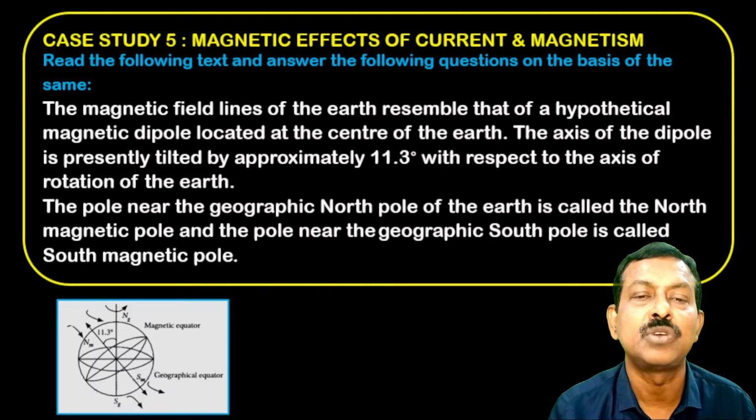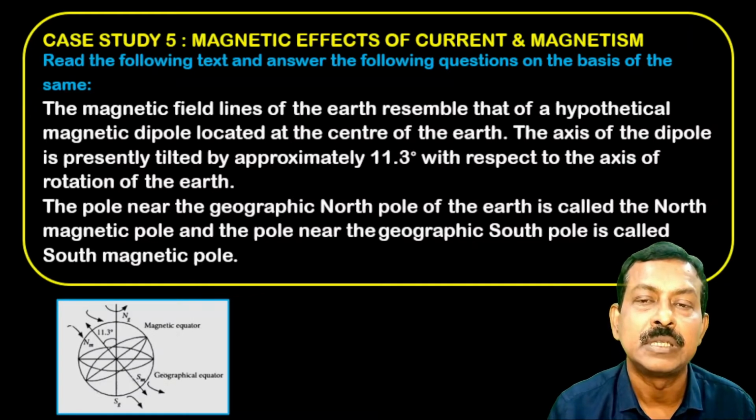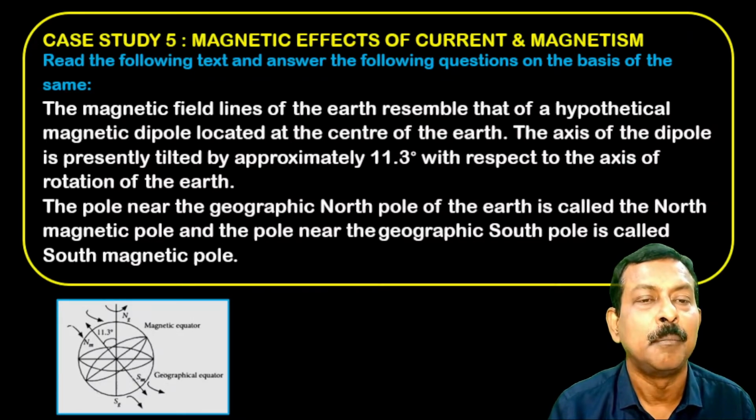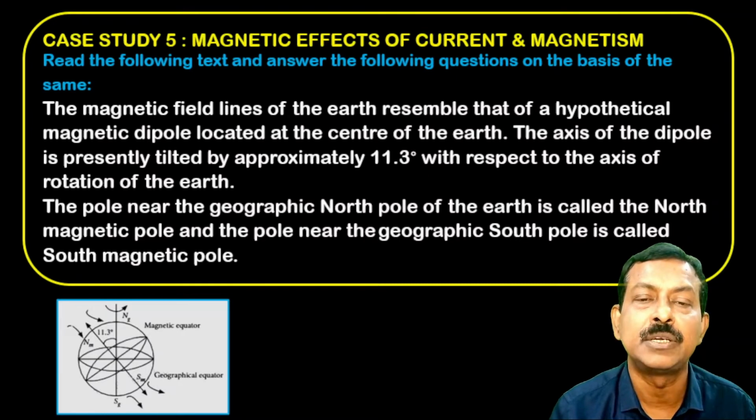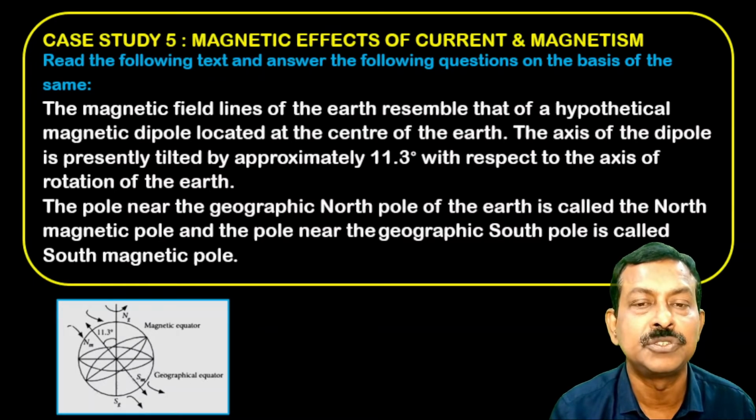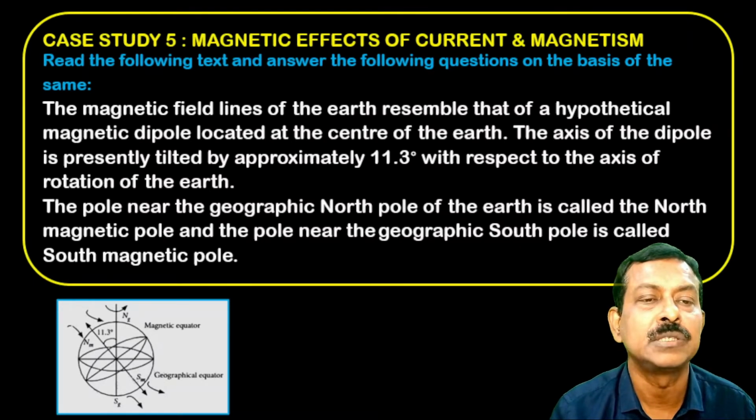Magnetic field lines of Earth resemble that of a hypothetical magnetic dipole located at the center of the Earth. The axis of the dipole is presently tilted by approximately 11.3 degrees with respect to the axis of rotation of Earth.